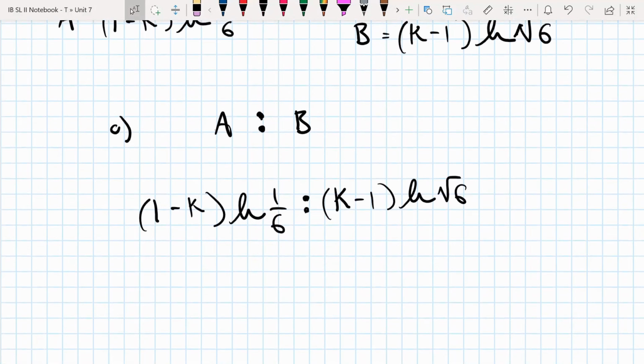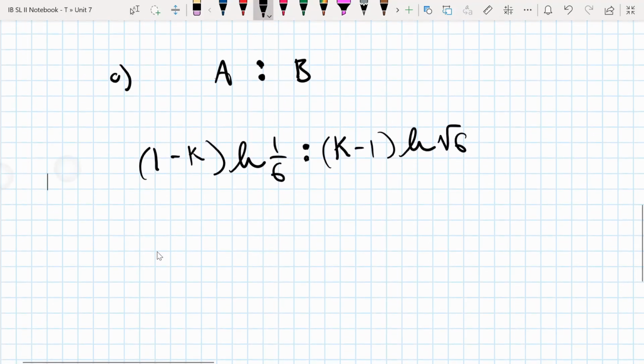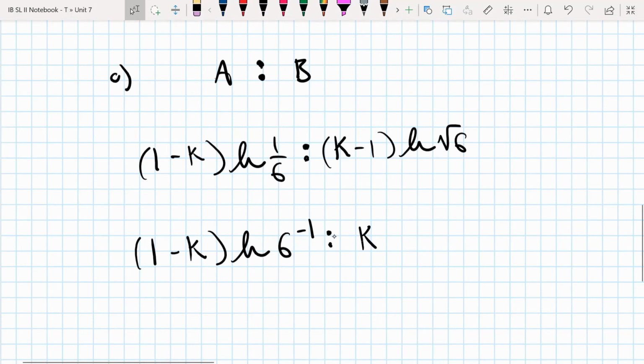Well, let's do two things here. I'm just going to rewrite the expressions inside the logarithms. Instead of 1 over 6, let's write 6 to the negative 1. And then instead of the square root of 6, let's write 6 to the 1/2.